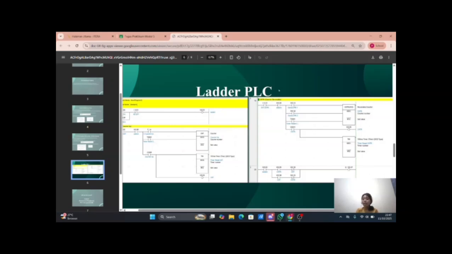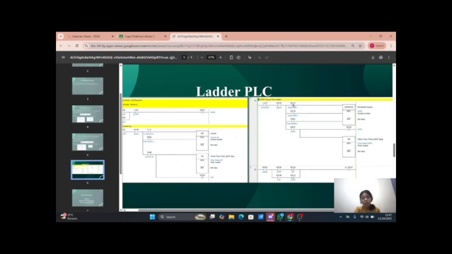The CNT function provides a straightforward way to count events up to a desired threshold, while the CNTR offers more flexibility by supporting bidirectional counting.